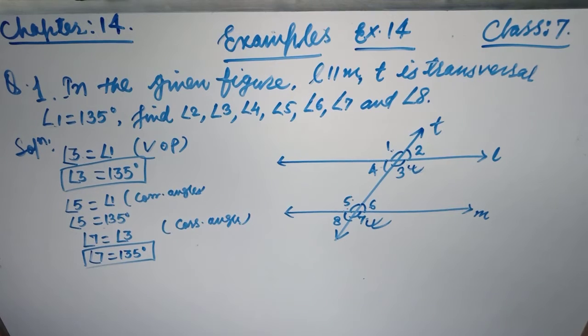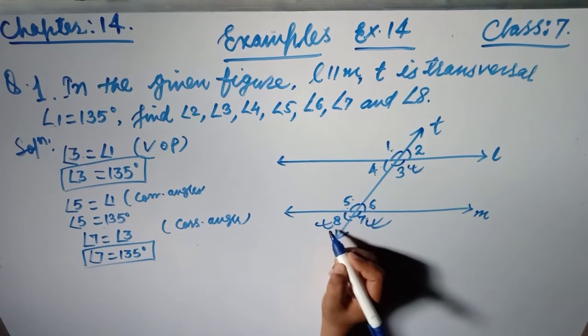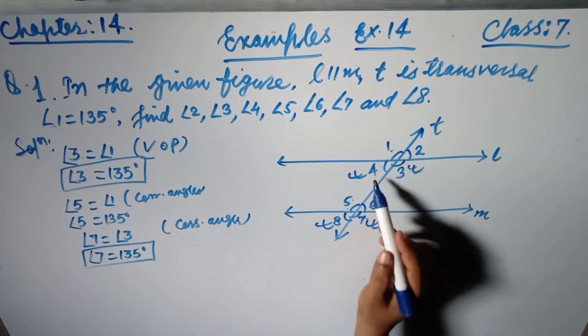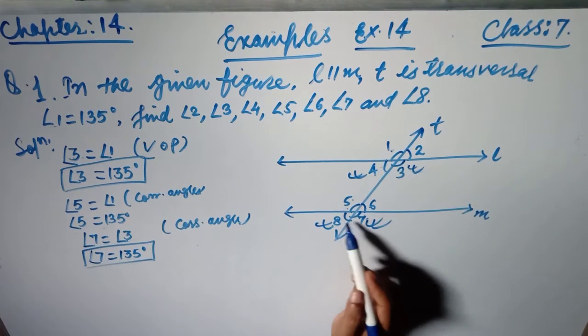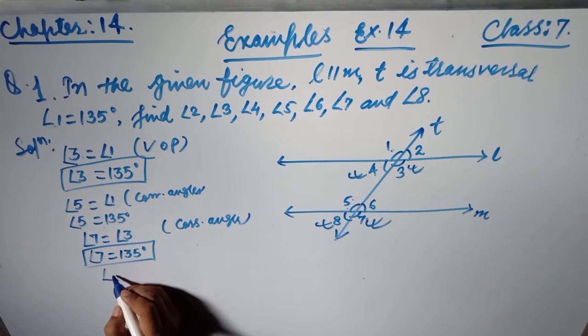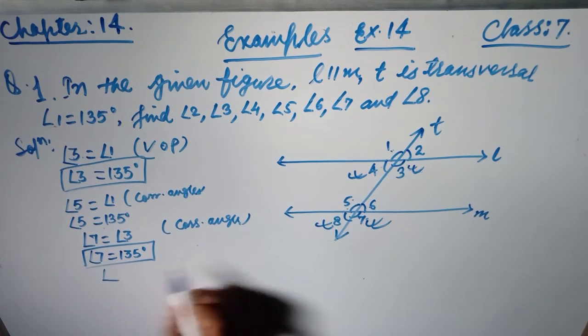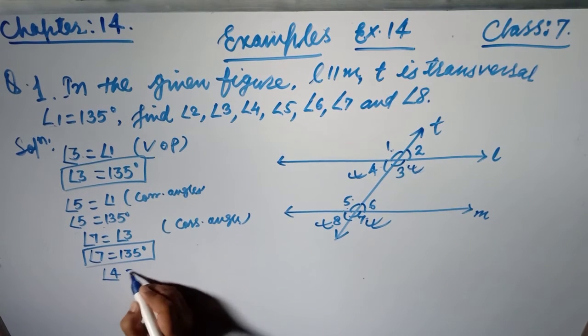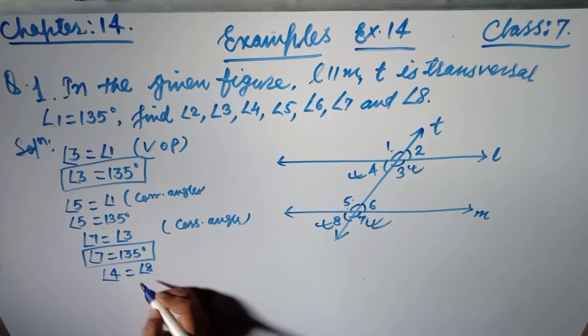Similarly friends, angle 8 is equal to angle 4, because these two angles are just below line L and M respectively and on the same side of the transversal, so we can say angle 4 is equal to angle 8. Okay, angle 4 is equal to angle 8.